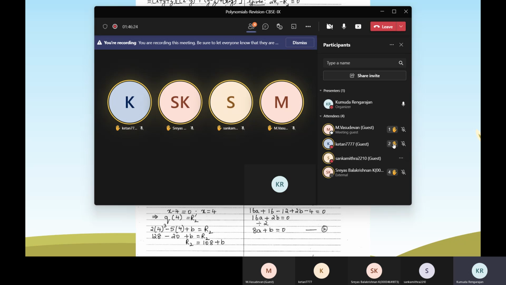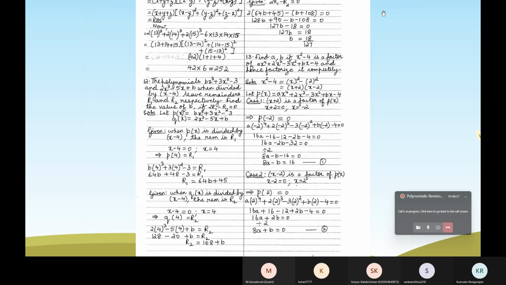Vasudevan, Arav, Sangamitra, and Shreyas. All right.